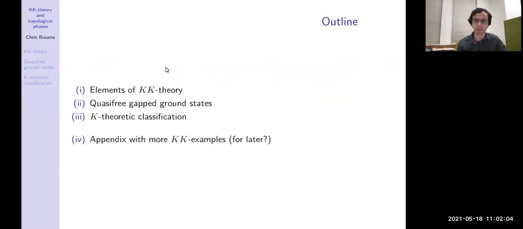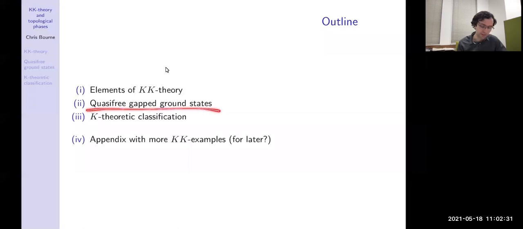Okay. So, we only have 45 minutes, so I'll only give, well, not even an introduction really to KK theory, but just an outline of some of the elements that come into K theory or KK theory, and how some of these things arise relatively naturally in things that people often encounter.